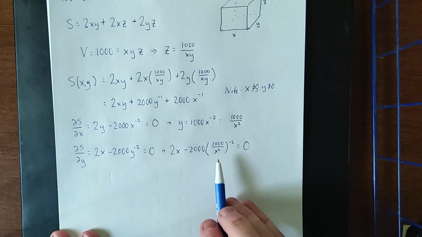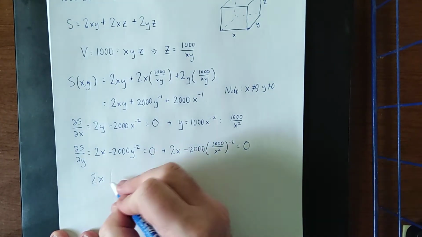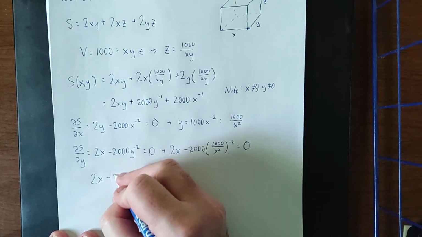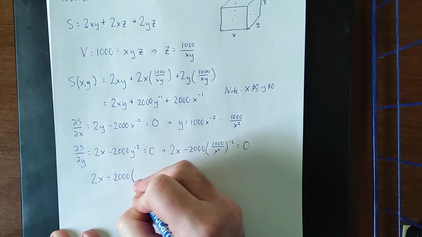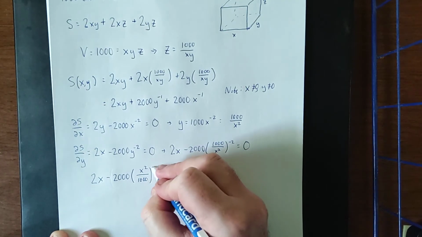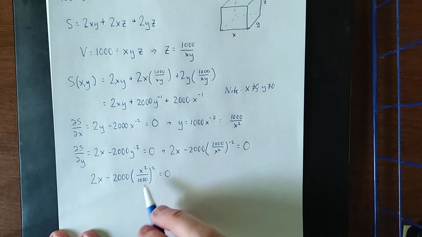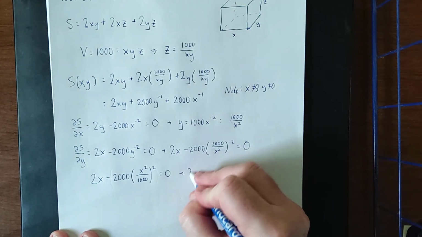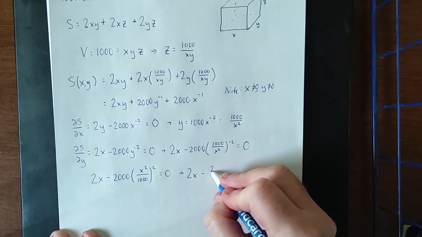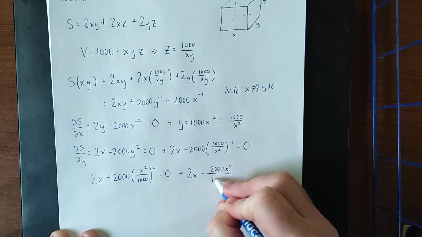Simplifying this will be 2x minus, so the negative 2 power means flip top and bottom and square the result. So this will be x squared over 1,000 squared is equal to 0. Continuing to simplify this will become 2x minus, let's see, that would be 2,000 x to the 4th power divided by 1,000,000.